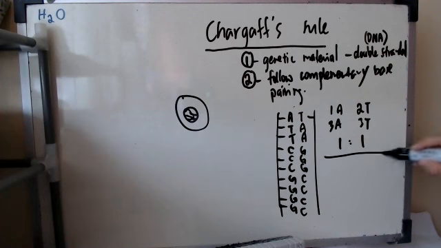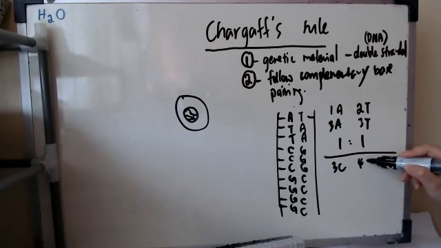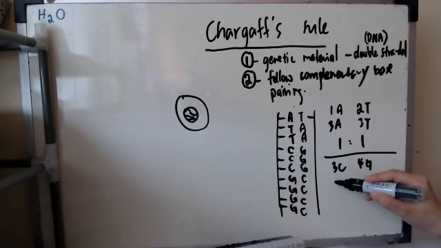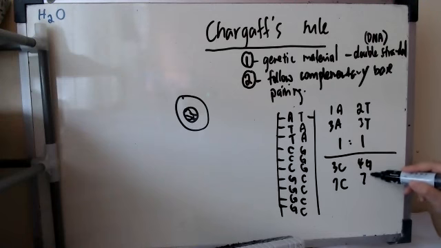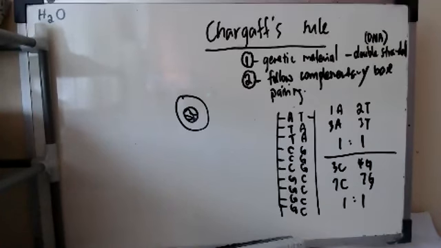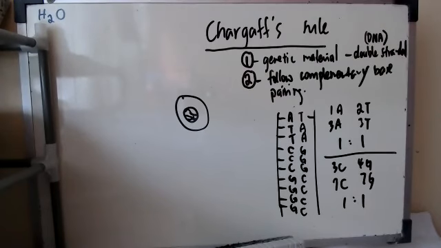Earlier you had 3C, 4G. Now you will have 7C, 7G. So it falls into place, 1 is to 1. So these two are the requirements to basically follow Chargaff's rule. Okay?